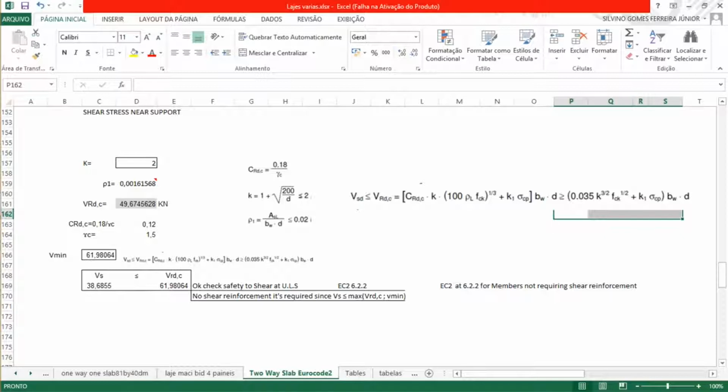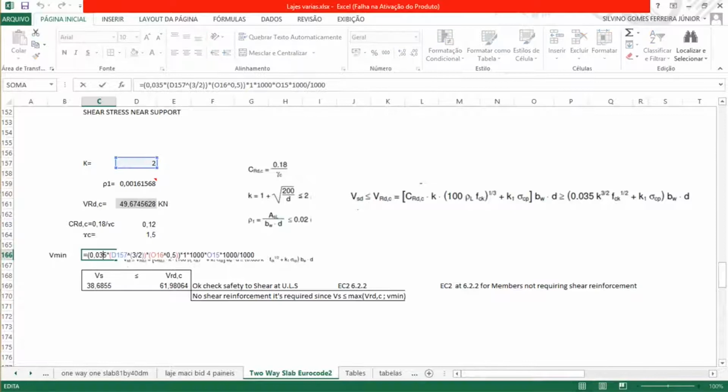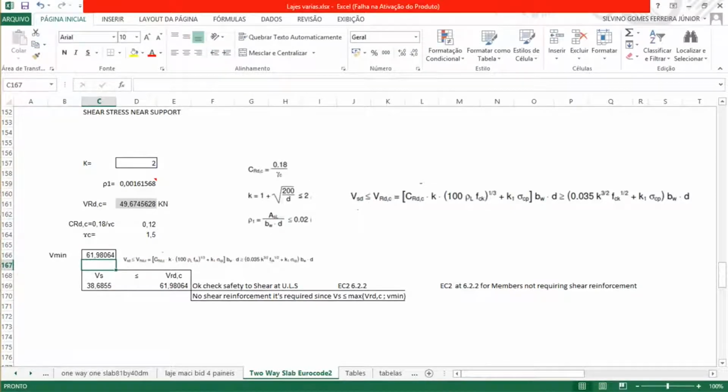All this multiplied by B, that is 1, multiplied by D, that is 0.14. So this gives us 61.98, the minimum shear. And for VRD, on the other expression, gives us 49.67.